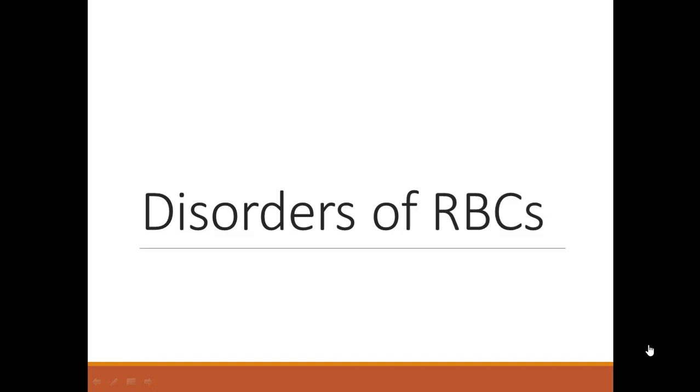All right, moving on to disorders of red blood cells. This is where we're going to get into all the different types of anemias. And yes, I do want you guys to know the different types of anemias.